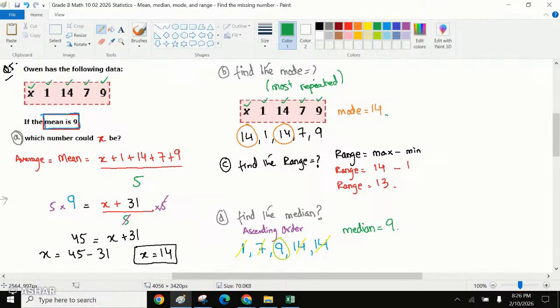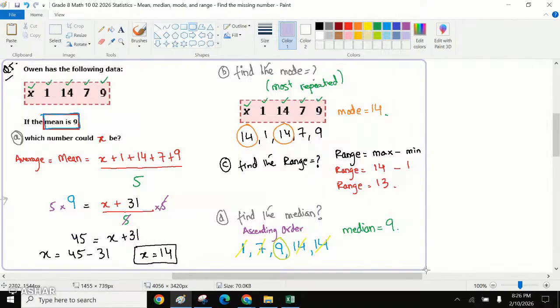Okay, so there can be extensions to the question. The original question was only asking us for the mean. So once we found the mean, they can also ask us to find the remaining variables in the question, okay? So, let's see another example.